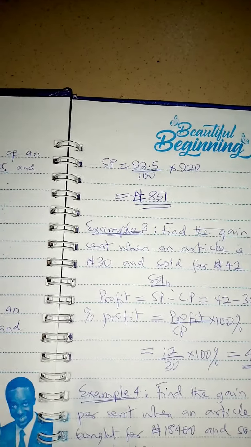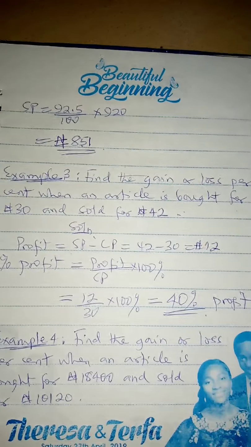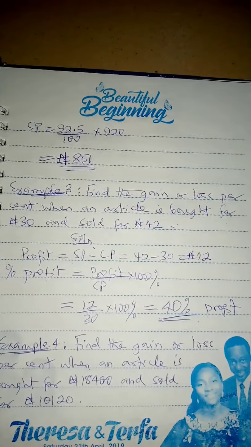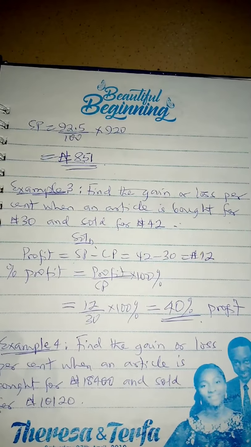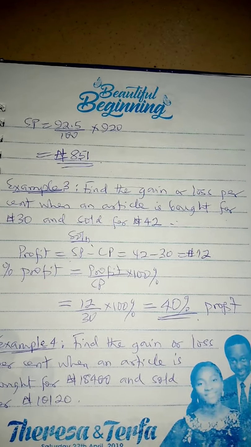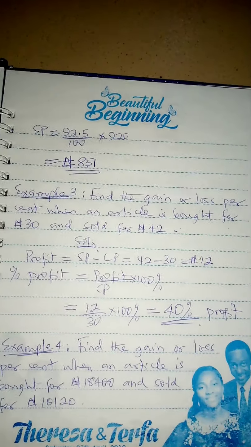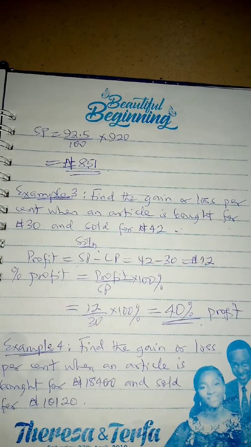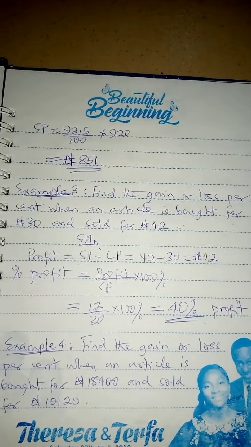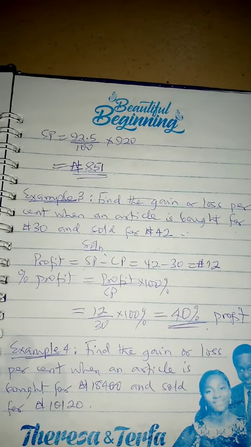Now, example 3. Find the gain or loss percent when an article is bought for 30 naira and sold for 42 naira. You will be the one to decide whether it is a gain percent or a loss percent. Based on the information given, bought for 30 naira, that is the cost price, sold for 42 naira, that is your selling price.